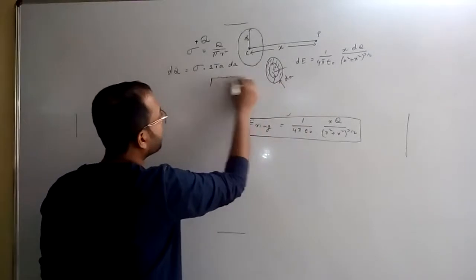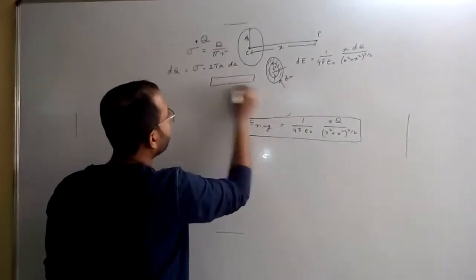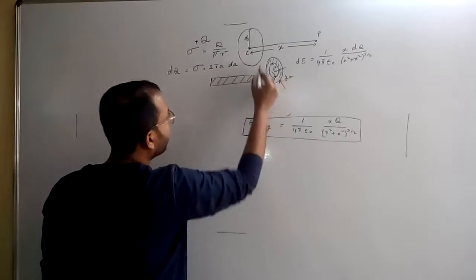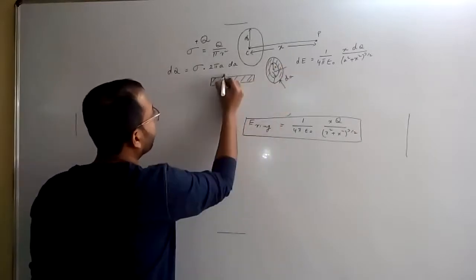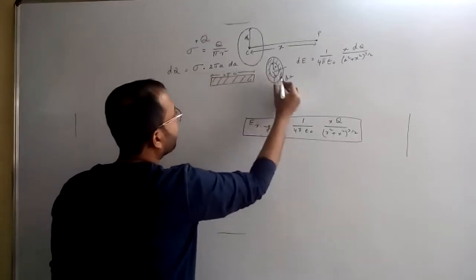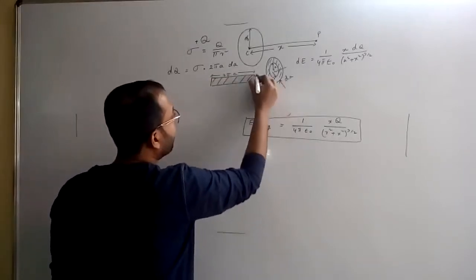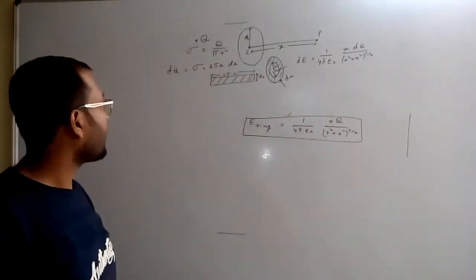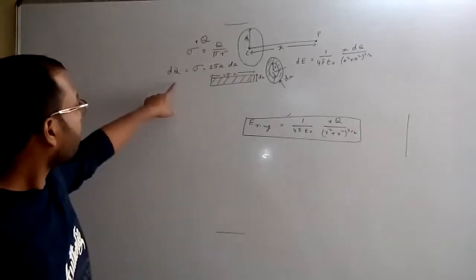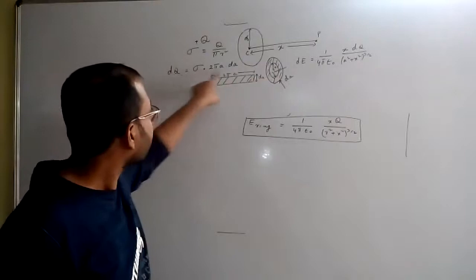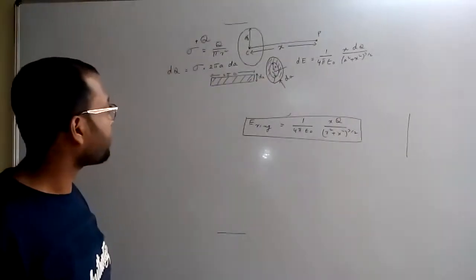If you straighten out the circle, the shaded region will become something like so, and the circumference will become the length. The thickness will become the breadth, and the rectangle has area 2 pi a times dA. So the charge carried by this infinitesimally thin ring is sigma times 2 pi a times dA.